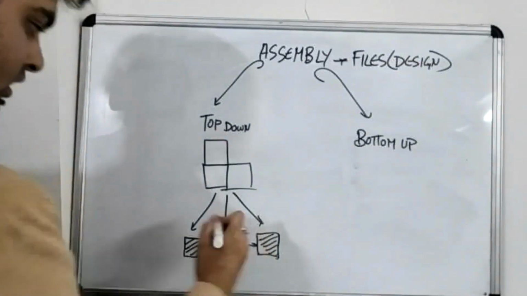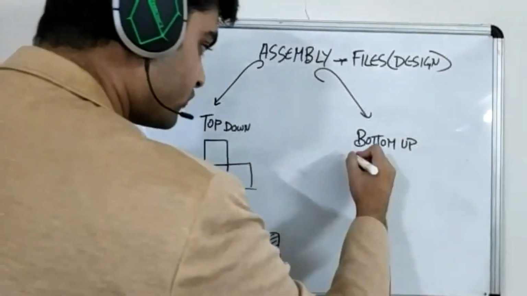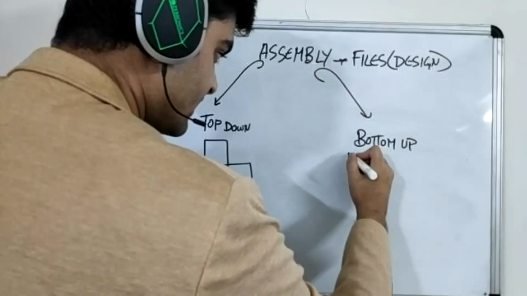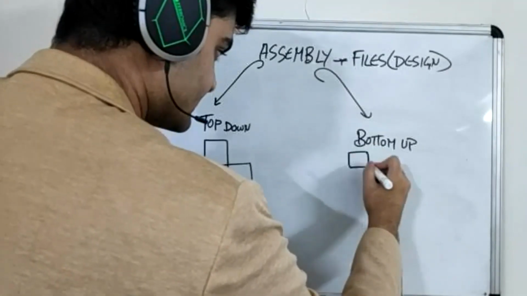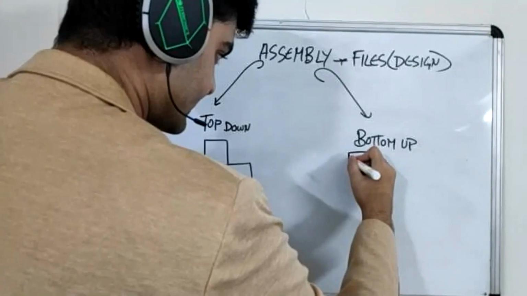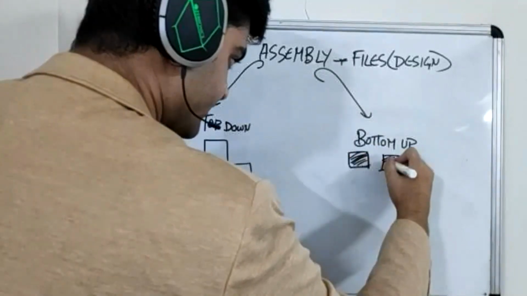Whereas in the bottom-up approach, we start with a bunch of pre-made components that we already have, and then we bring them together in a new assembly file and link them together manually using joints.